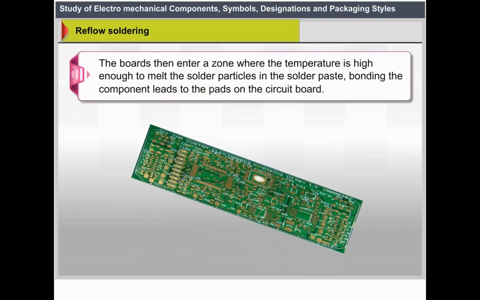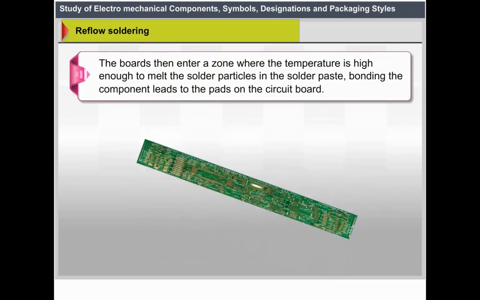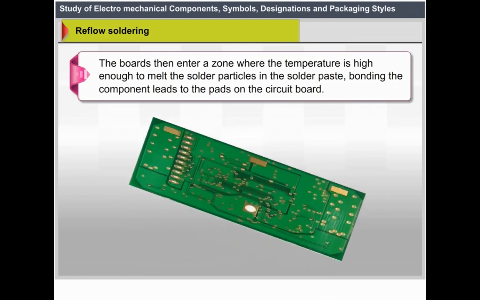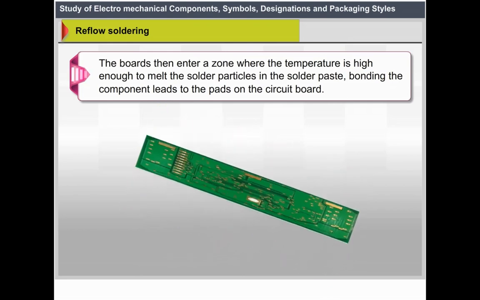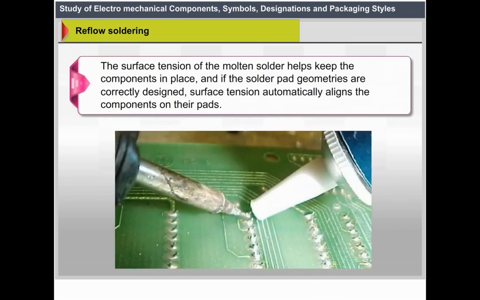The boards then enter a zone where the temperature is high enough to melt the solder particles in the solder paste, bonding the component leads to the pads on the circuit board. The surface tension of the molten solder helps to keep the components in place, and if the solder pad geometries are correctly designed, surface tension automatically aligns the components on their pads.